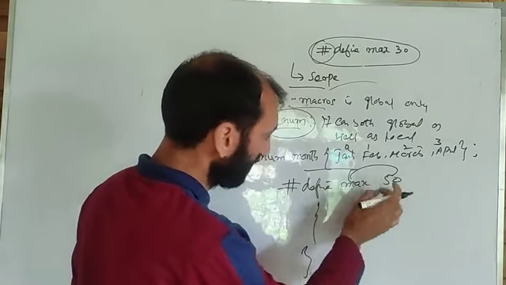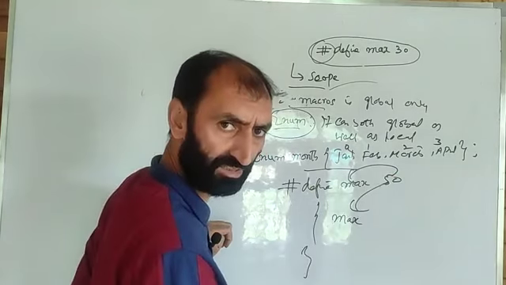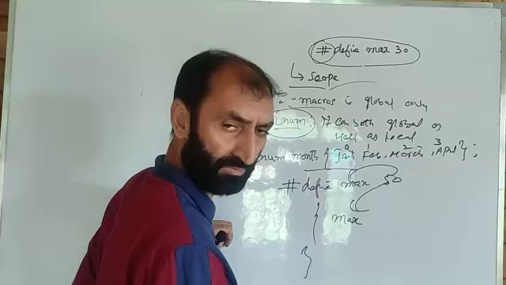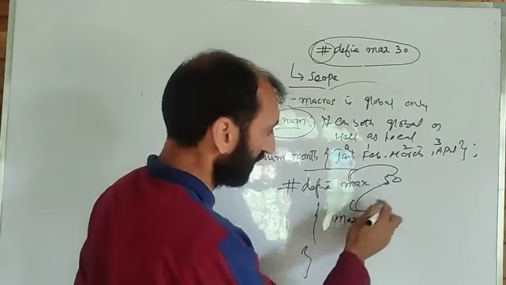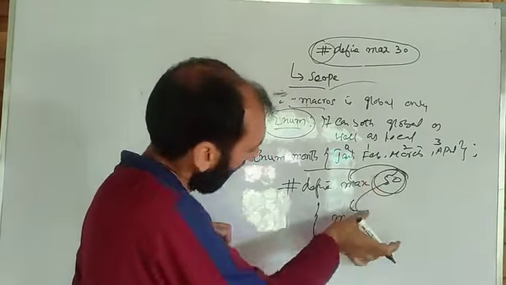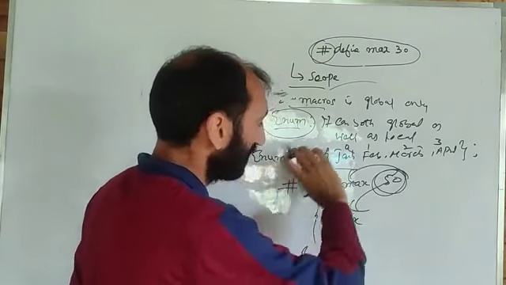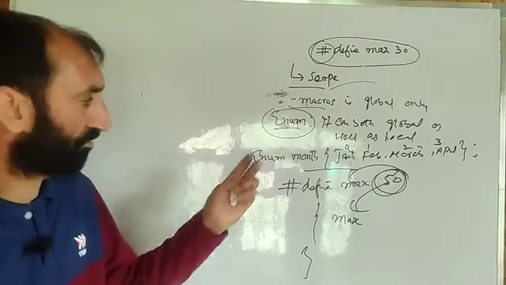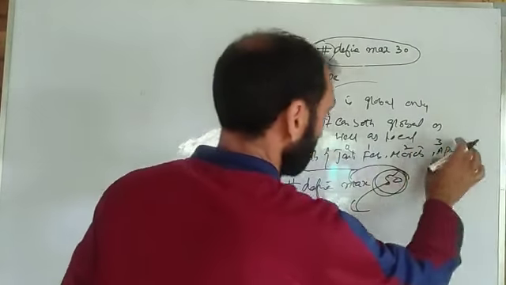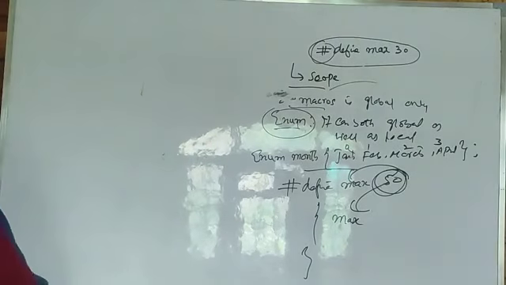In a program, this MAX will be replaced by 50 because we have assigned it explicitly. But in case of enum, the compiler automatically assigns the numbers to the possible values of the enum, starting from 0.